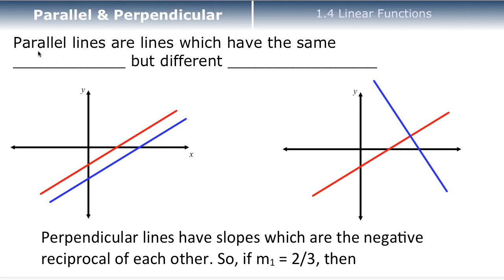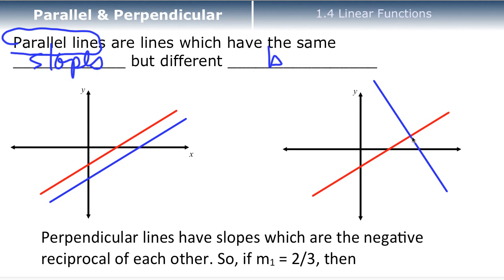They might say a line is parallel to this other line, and the only information they're giving you from that is that they have the same slopes. So if I have a line that's parallel to a line where they give me the slope, it means the slopes are the same, but they have different y-intercepts, so they cross the y-axis at a different spot.